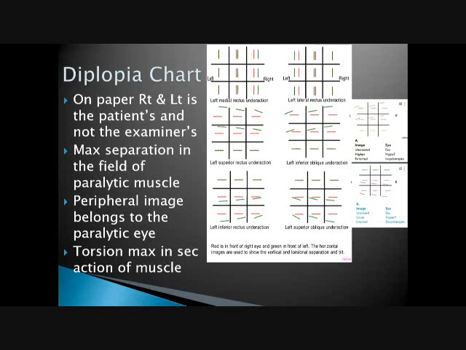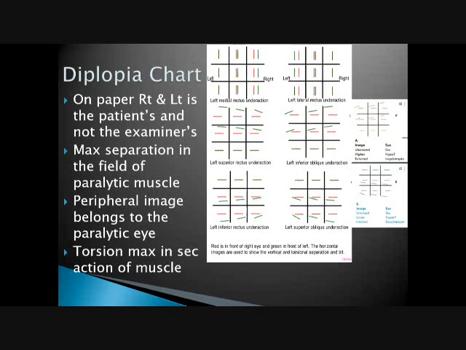So this is my right eye and this is my dextro depression. In the left eye, adducted position, the superior oblique is working in this condition. So either the right inferior rectus or the left superior oblique is paralyzed, and there are two images which are maximum apart in this direction.